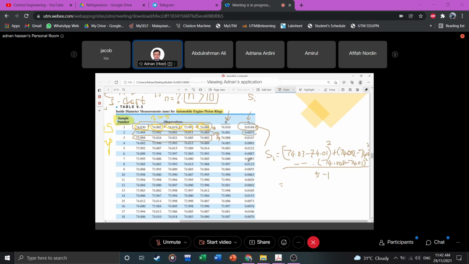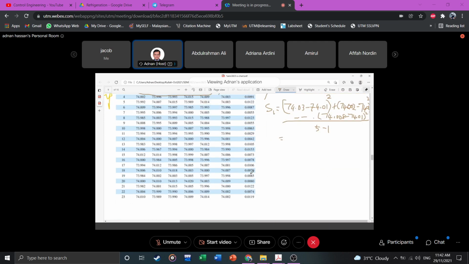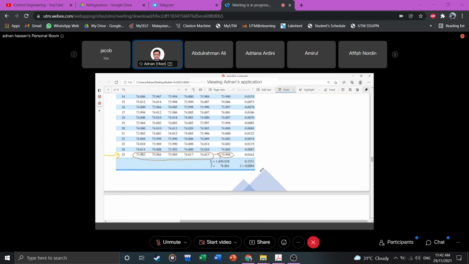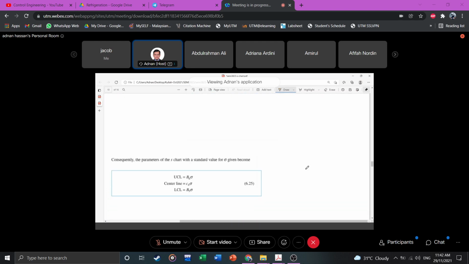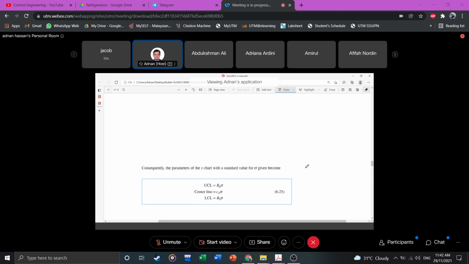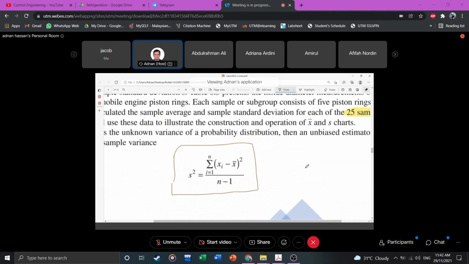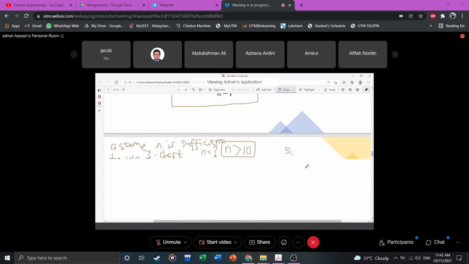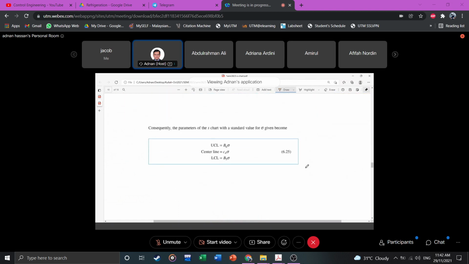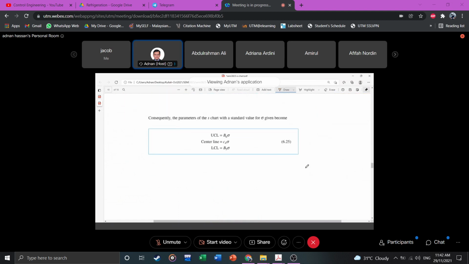Continue this, and then what you need to get is the average of S. Remember, this is S bar. S bar is the average of S. So the formula that we use to develop the control chart is this one.